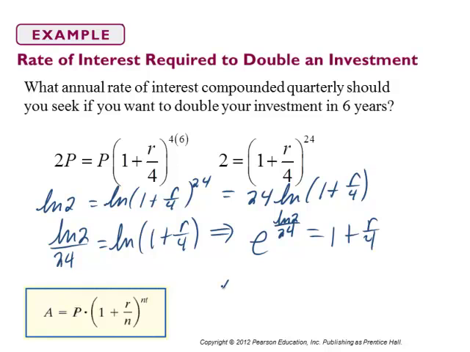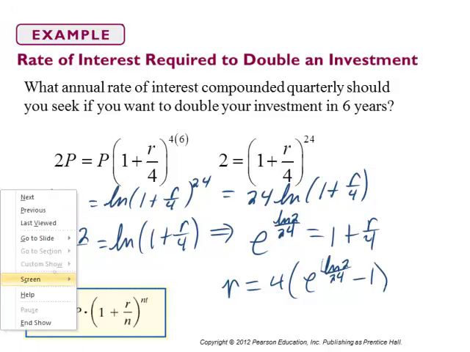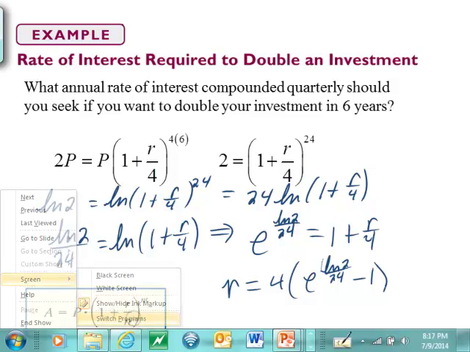So that means that r would be equal to 4 times (e to the natural log of 2 over 24, minus 1). Is that the same thing? Plug it in your calculator, see if it is. This is an exponent, by the way. I always like to try new stuff.